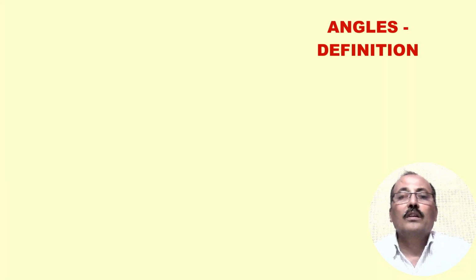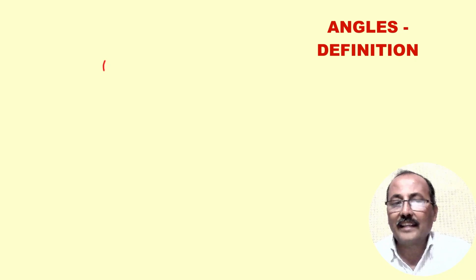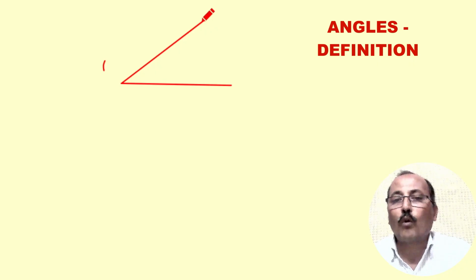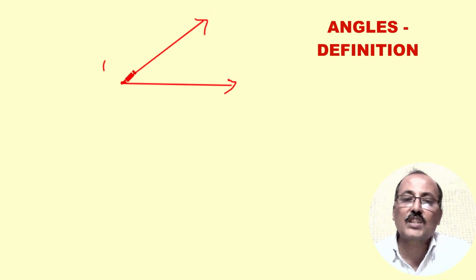Now we are going to angles. What is an angle? It is having a ray, not a line segment. One ray and another ray like this. Two rays start from one point, name it O, and name this A, and name this B. How much?